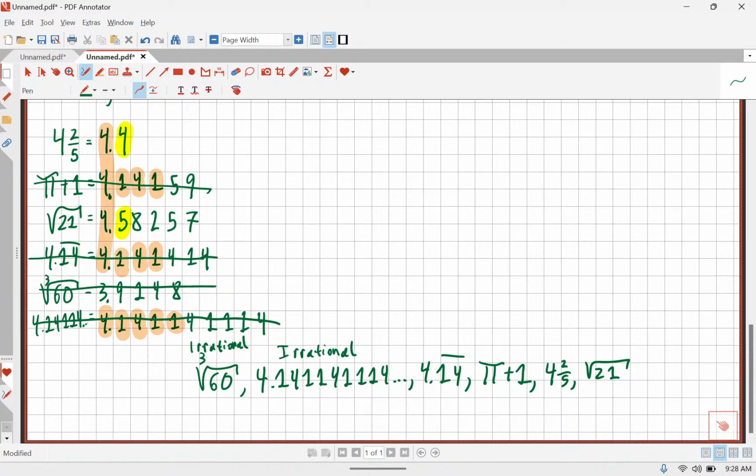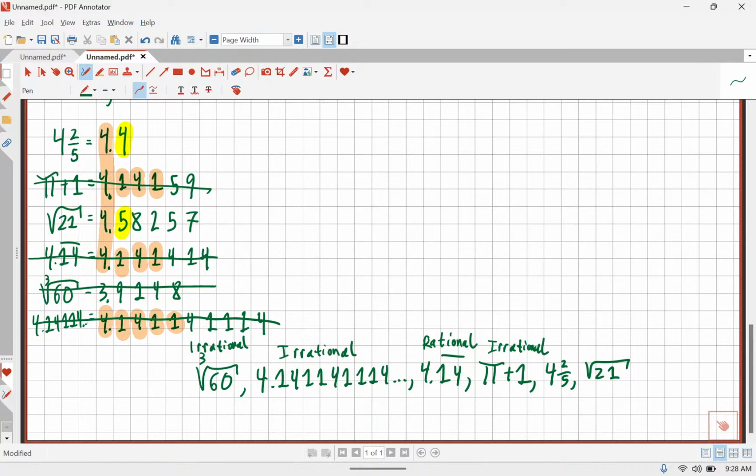How about 4.14 repeating? Is that rational or irrational? Ooh, I heard rational. I heard irrational. It is rational. Can someone tell me why it's rational? Akora, why is that rational? Because it's a repeating decimal. And repeating decimals are rational. How about pi plus 1? Irrational. How do you know that, Josh?